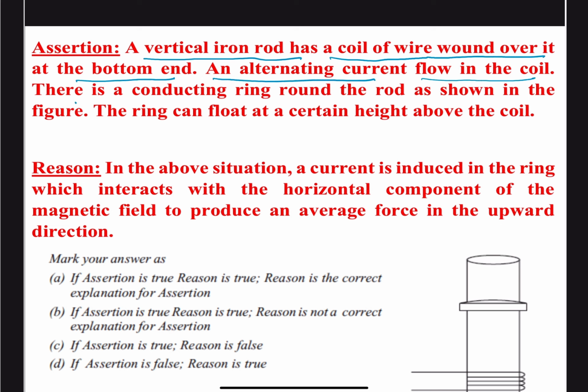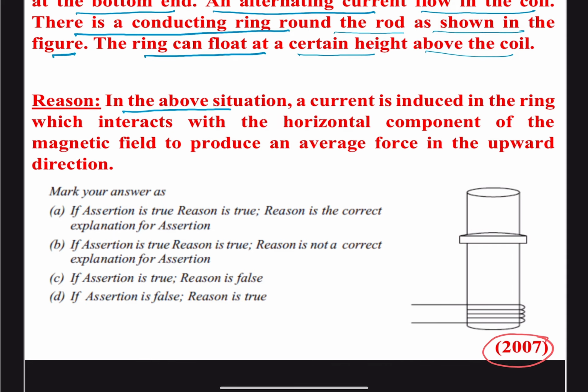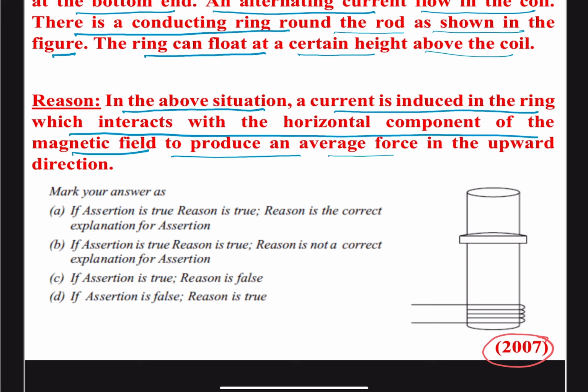There is a conducting ring around the rod as shown in the figure. The ring can float at a certain height above the coil. And the reason given is that in the above situation, a current is induced in the ring, which interacts with the horizontal component of the magnetic field to produce an average force in the upward direction.